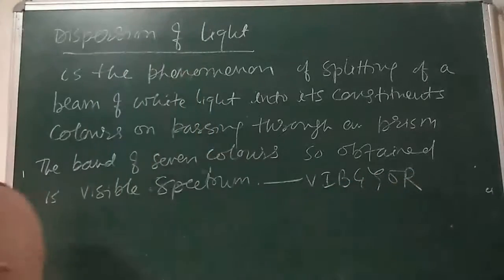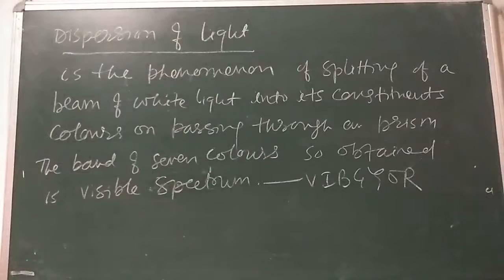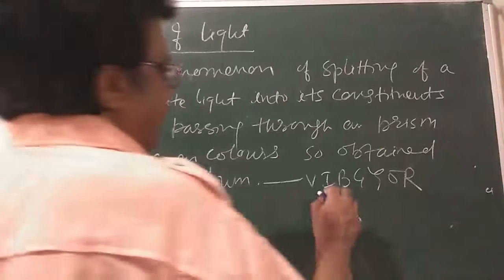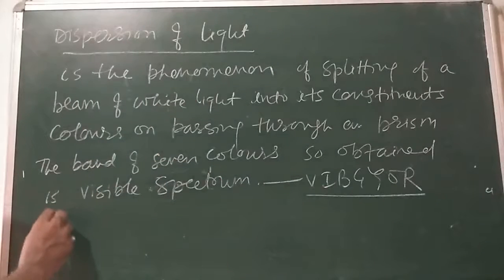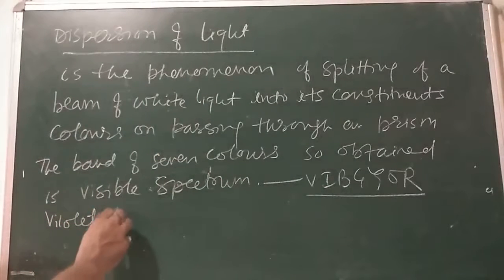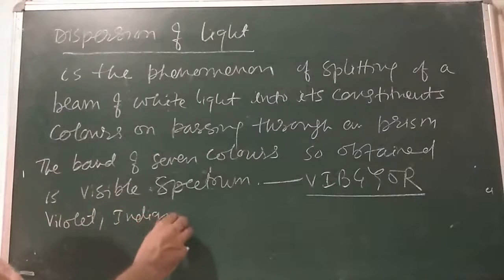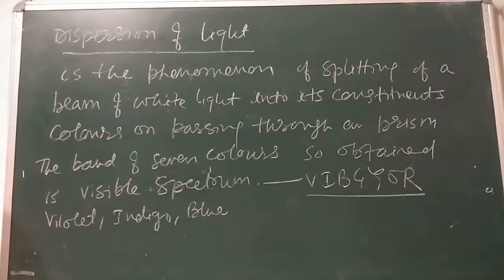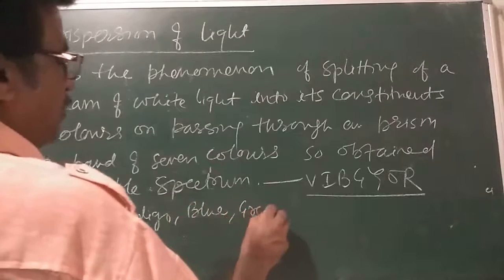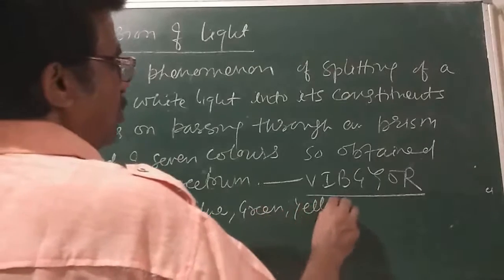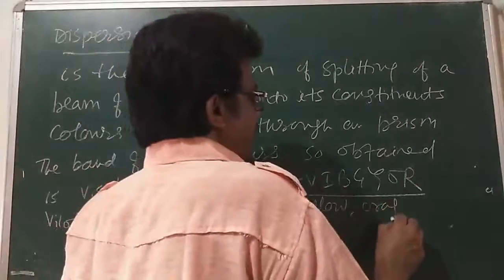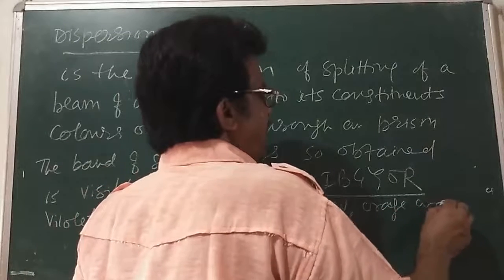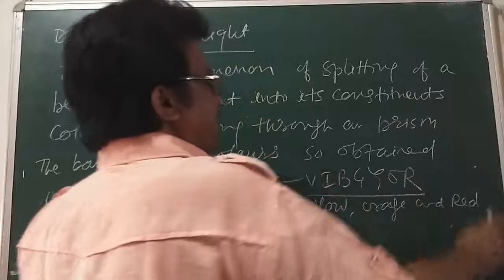What do you mean by VIBGYOR? Violet, indigo, blue, green, yellow, orange and red. These are the seven colors here.